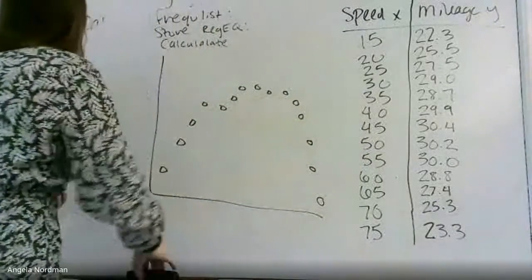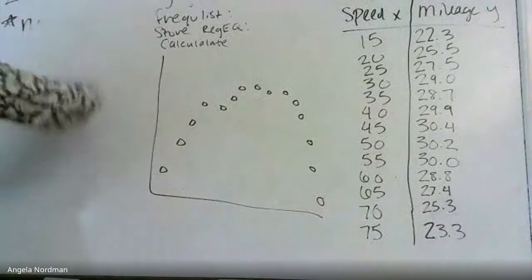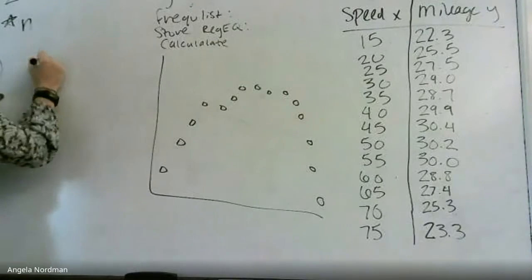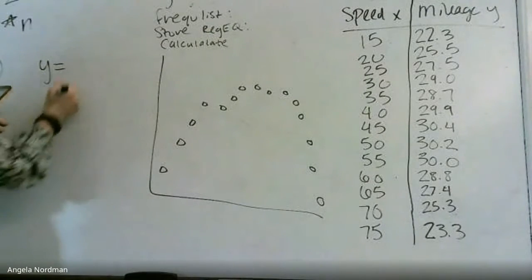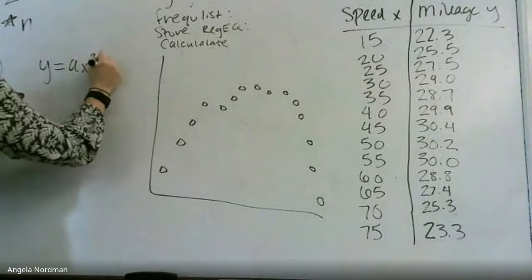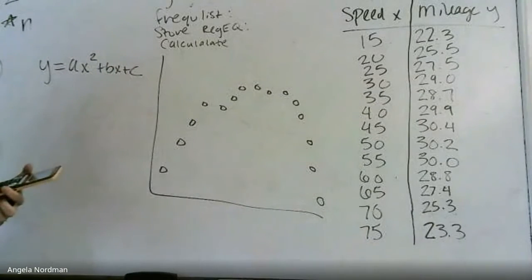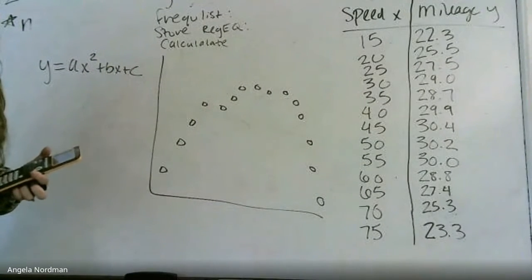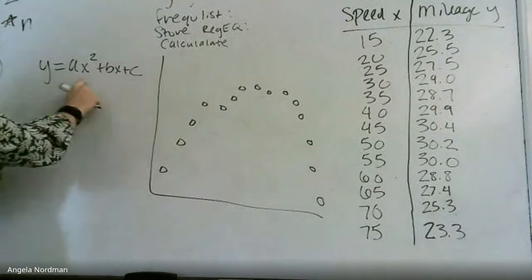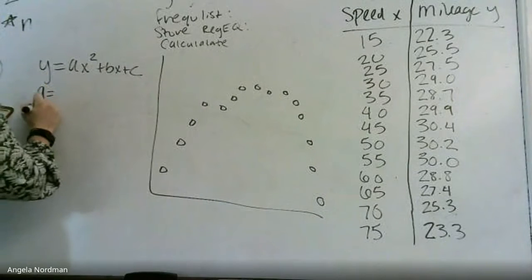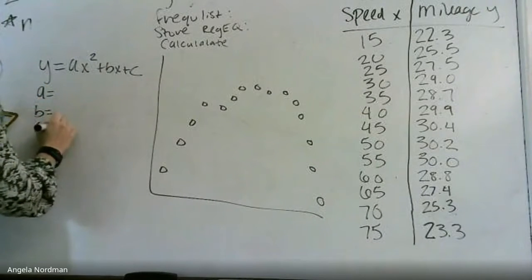What you should be getting out, and you can kind of see this over here, is y equals ax squared plus bx plus c. They give you what that function looks like. So this is truly a quadratic function. Then they give you what each of those variables are for your regression model.